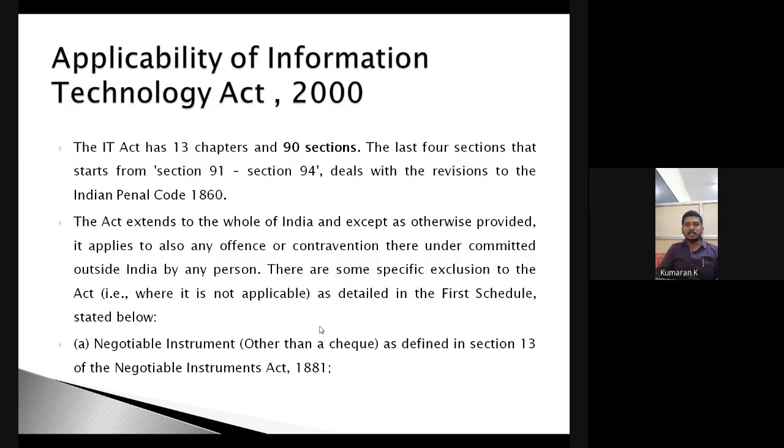But the exception here is a check. A check is also one kind of negotiable instrument, but here it will be excluded with respect to the Information Technology Act. For other negotiable instruments under the Negotiable Instruments Act 1881, the Information Technology Act will be applicable.